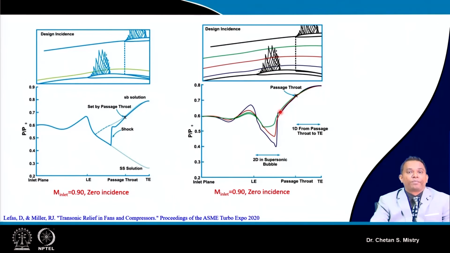For all three lines, if we look carefully, the region where the throat is placed is at a common location. This represents what is happening in our design configuration at zero incidence.